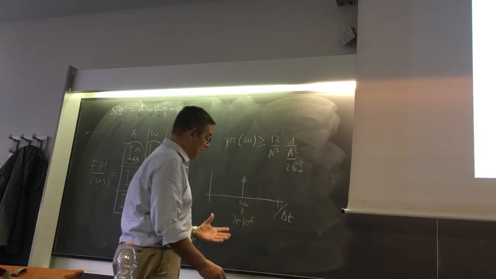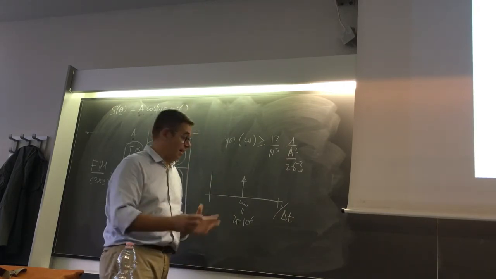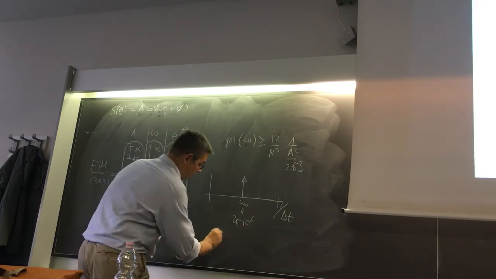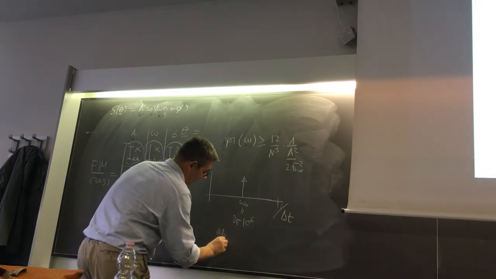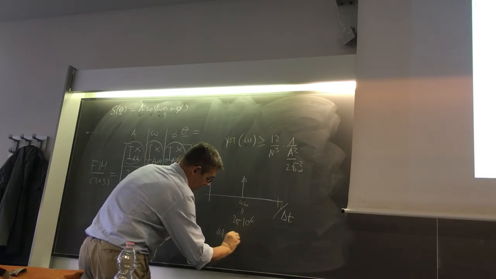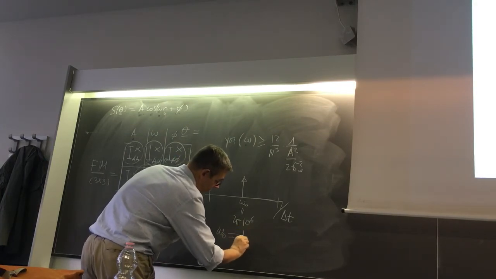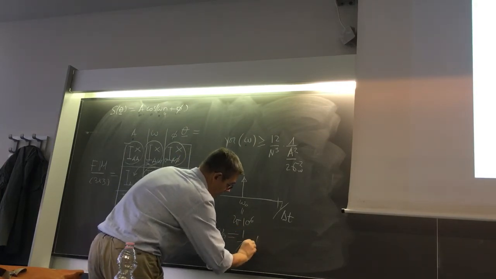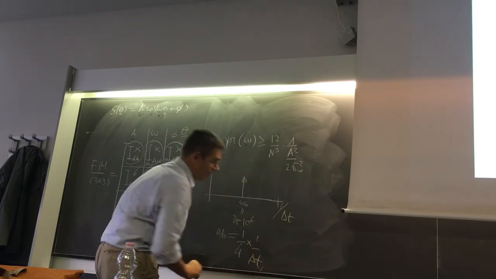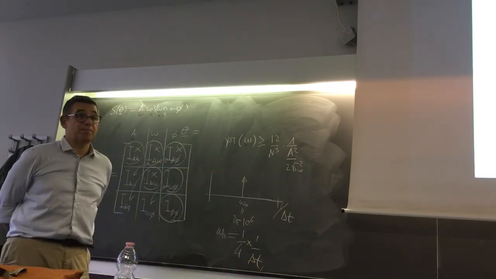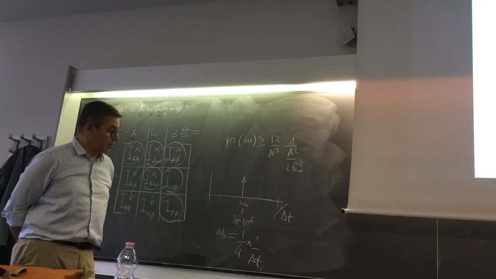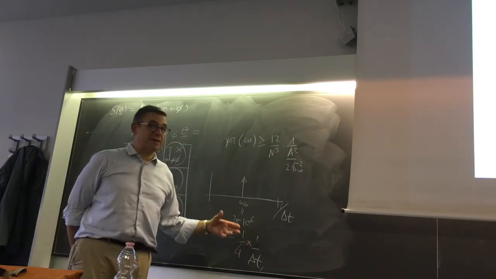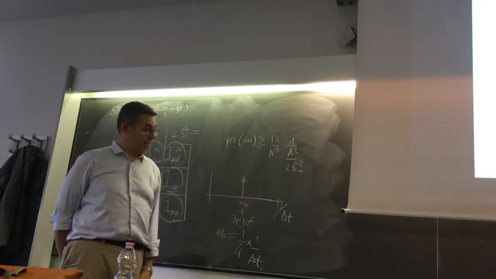So, one possibility, just an idea, is that this omega 0 can be 1/4 of 1 over delta t. That's one possibility. So, this is a design choice that we make.